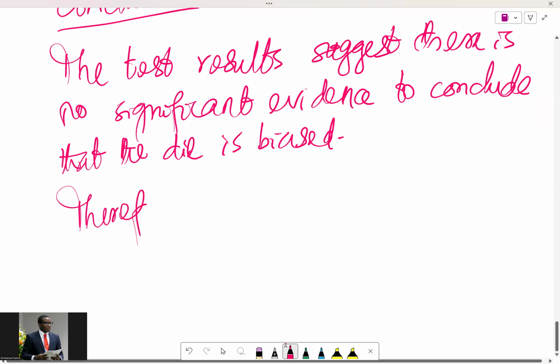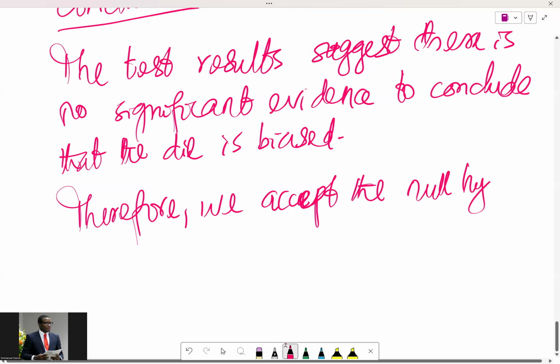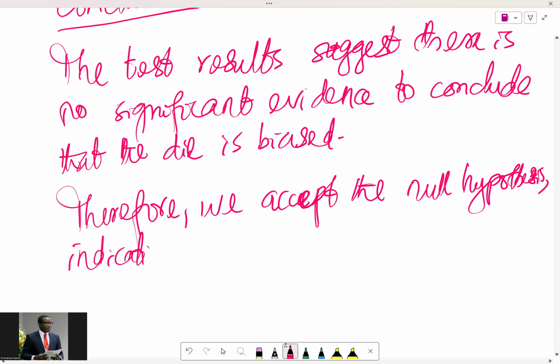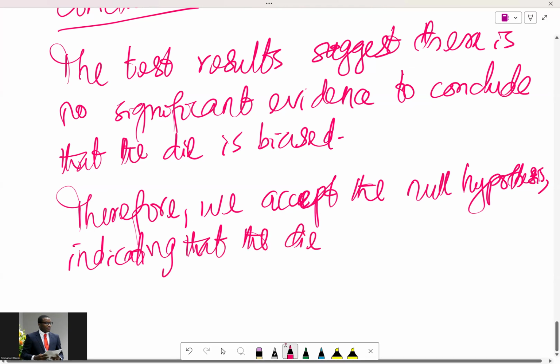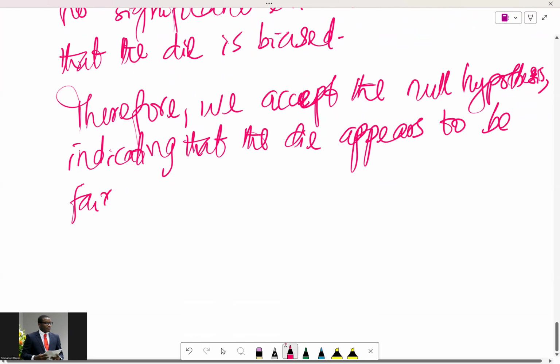Therefore, we accept the null hypothesis, indicating that the die appears to be fair, based on the observed data.